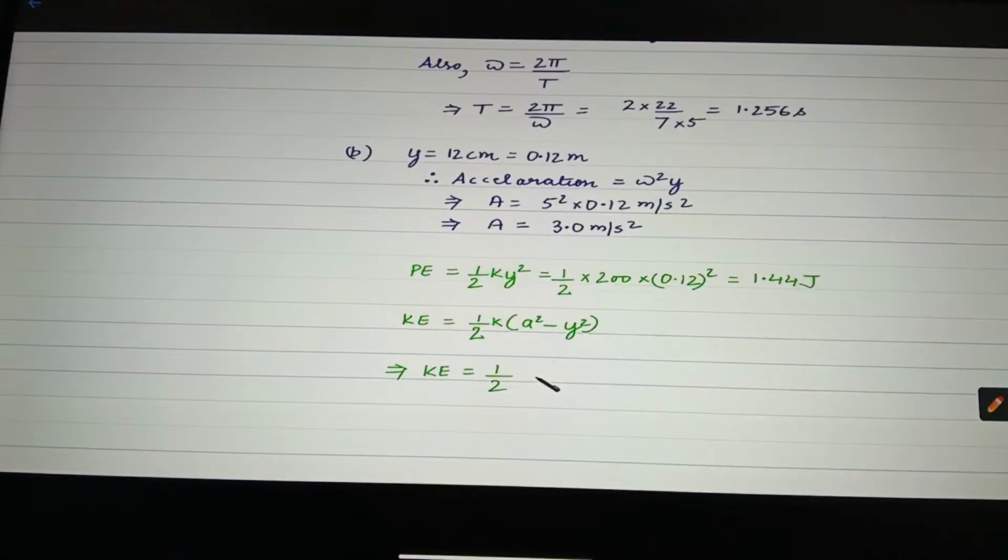For K we will write 200. A square minus y square will be, amplitude here is 30 centimeters, so this is 0.30 square minus y square will be 0.12 square. And when this is calculated, this comes as 7.56 joules.